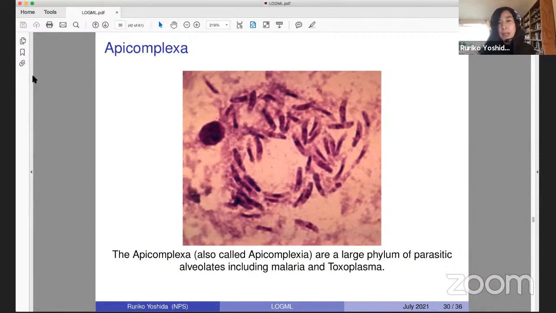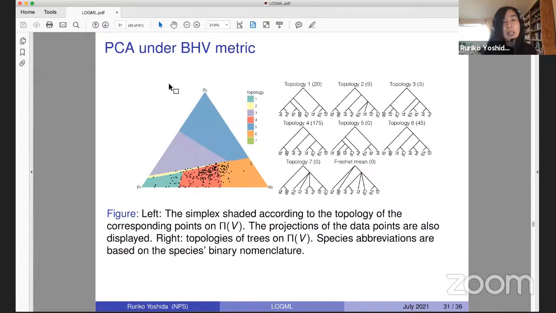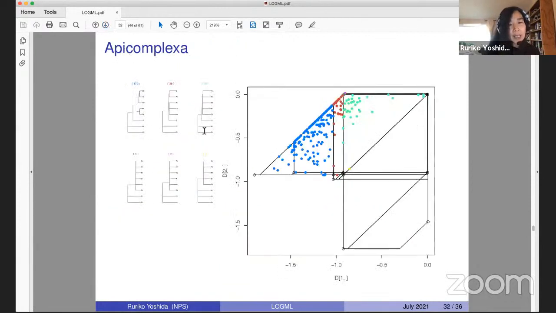All right. And the apicomplexa, that's malaria too. Malaria is in this family. So this is a very interesting family of organisms. So here is the BHV matrix. That's one PCA. You see, it's better than lungfish, but it's still kind of gathering. And here is our tropical triangle.